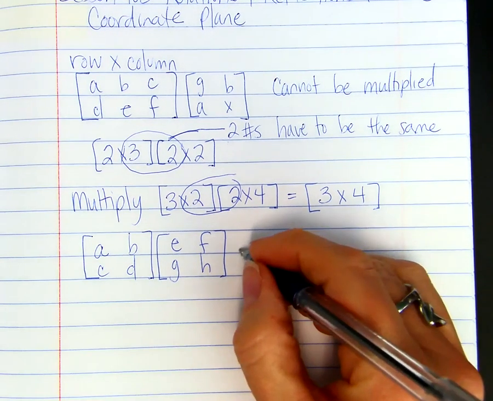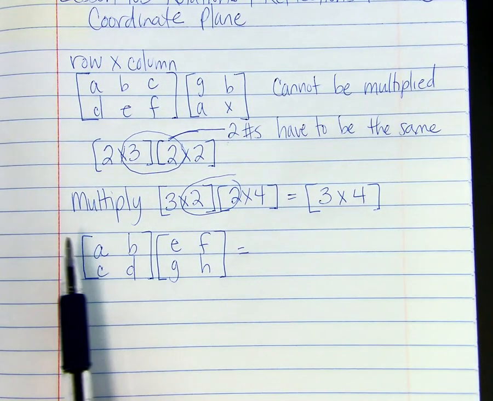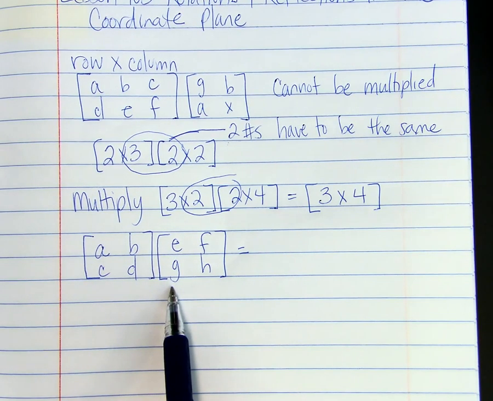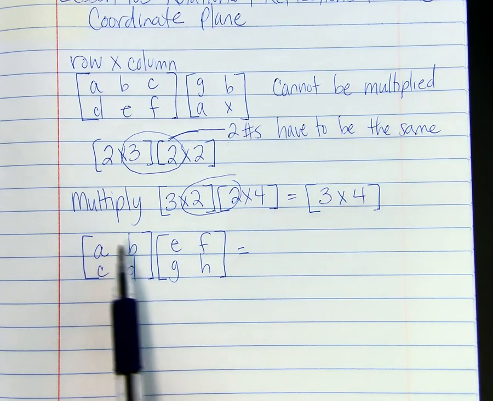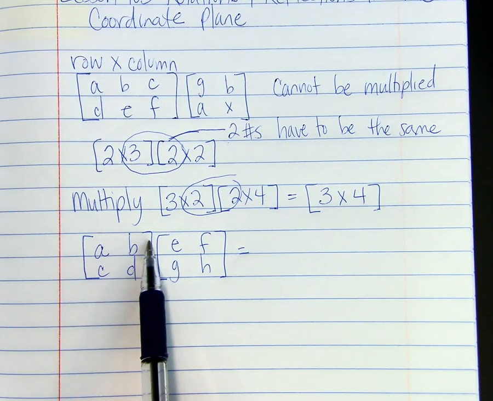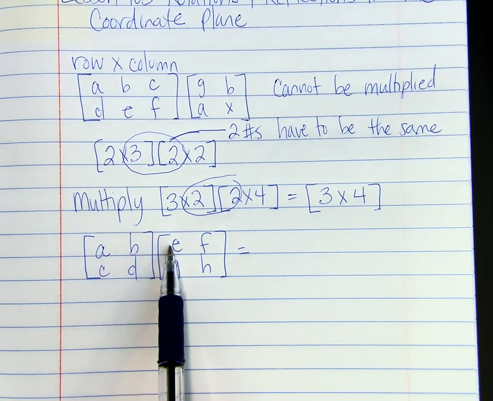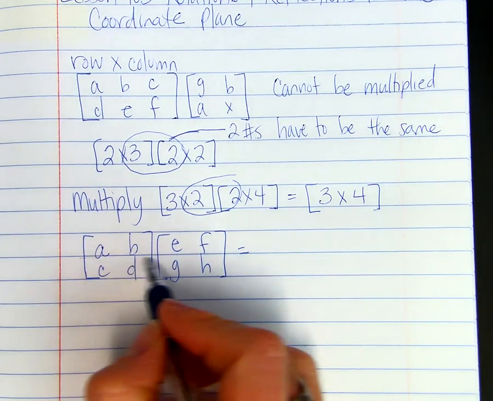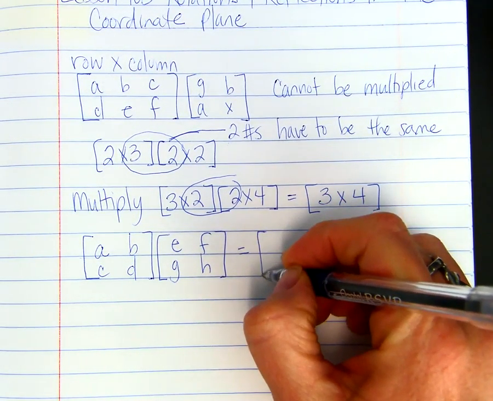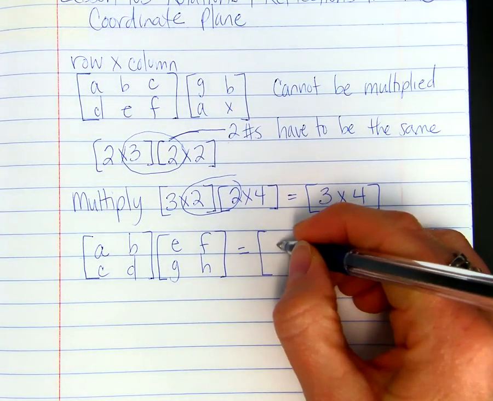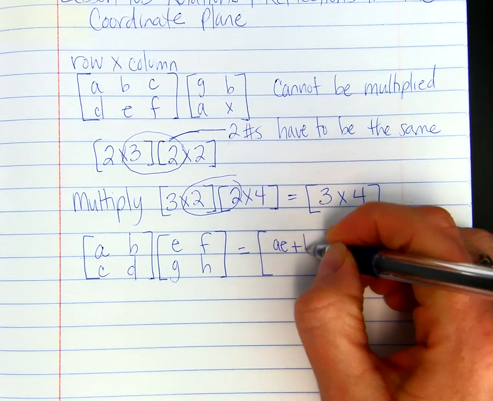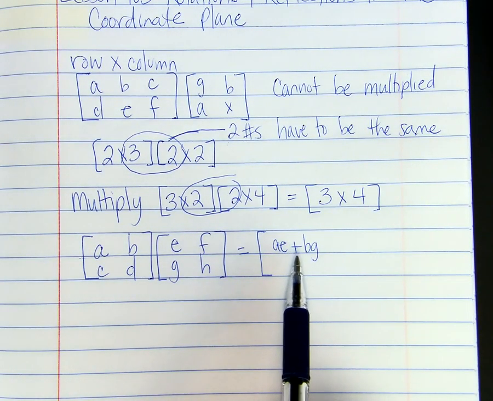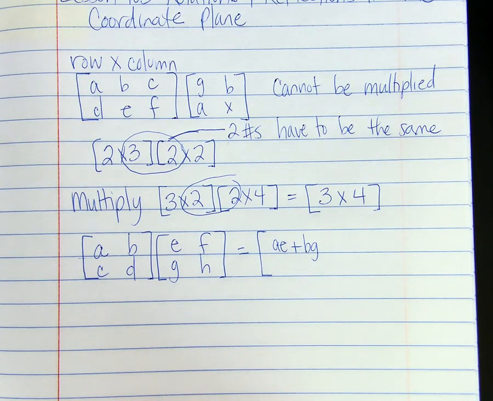The way you multiply is you go across the row and down the column. So you do A times E, B times G, and then add them together. So your new matrix will be A times E plus B times G. And that becomes your first row, first column element in your matrix.